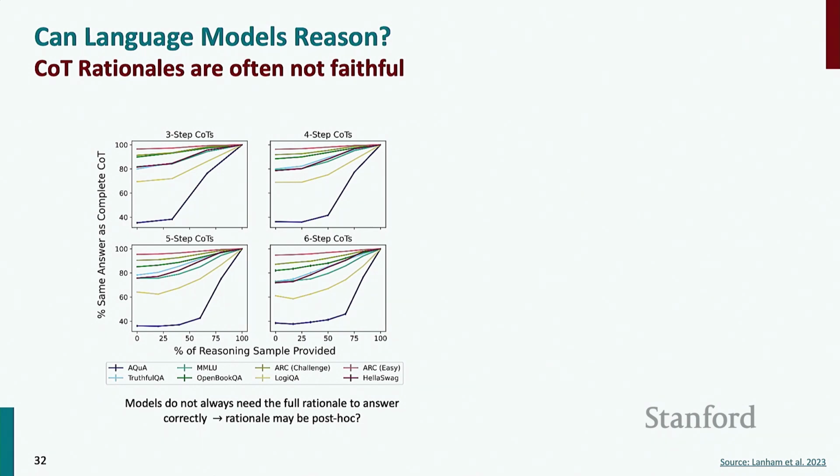And what we're going to do is we're going to force the model to sort of early exit from its rationalization and just force it to produce an answer. Okay? So if it produced 4 rationales, I can early exit right after the first rationale and ask it to produce an answer. I can exit after the second rationale, ask it to produce an answer, and so on. And what I'm going to plot on the y-axis is the model's accuracy after early exiting in this procedure.